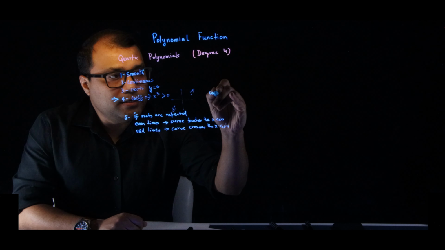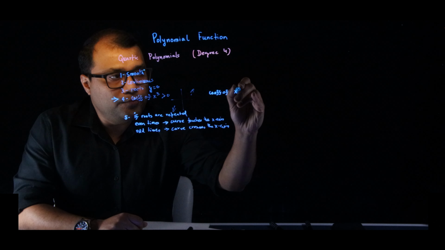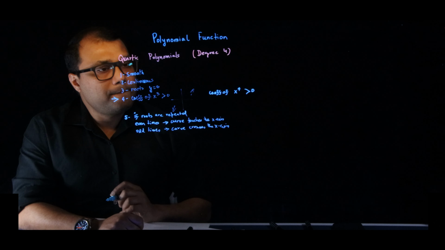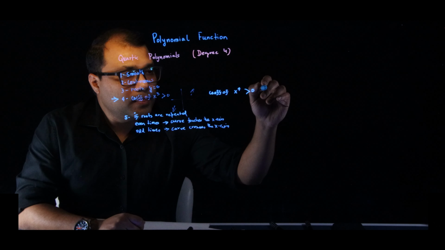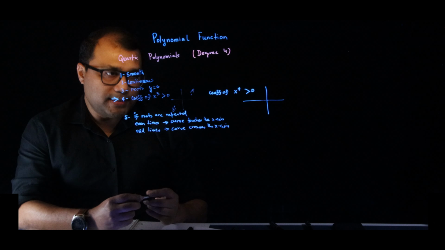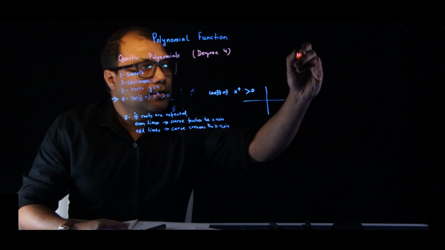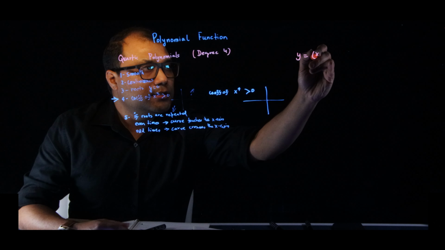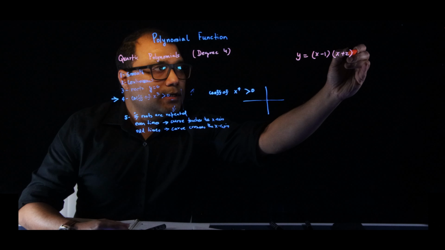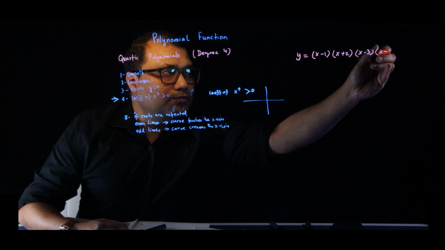So coefficient of x to the power 4, if that is greater than 0, then how the curve will follow is this. Let's take an example before I establish this. Let's take y equals (x - 1)(x + 2)(x - 3)(x - 4).